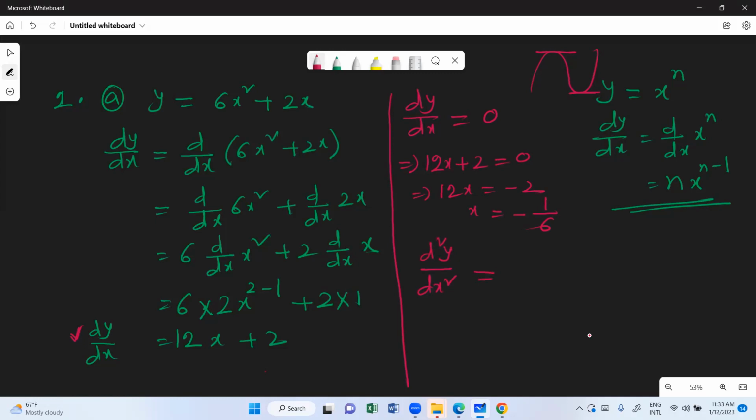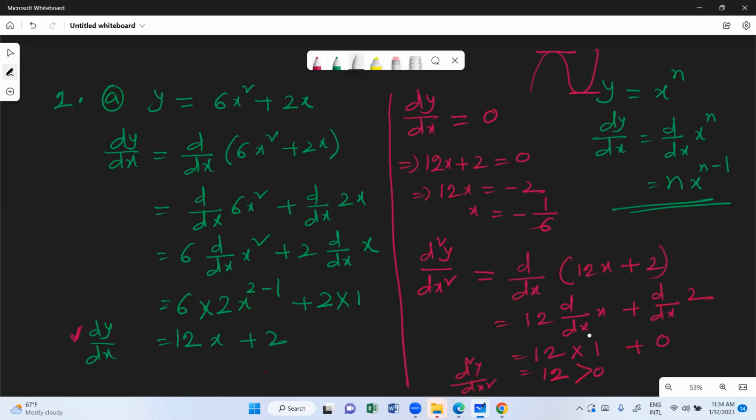If we differentiate d by dx of 12x plus 2, it will be 12 d by dx of x plus d by dx of 2. X differentiated with respect to x is 1 and the constant differentiated is 0. So 12. So d square y by dx square is positive.